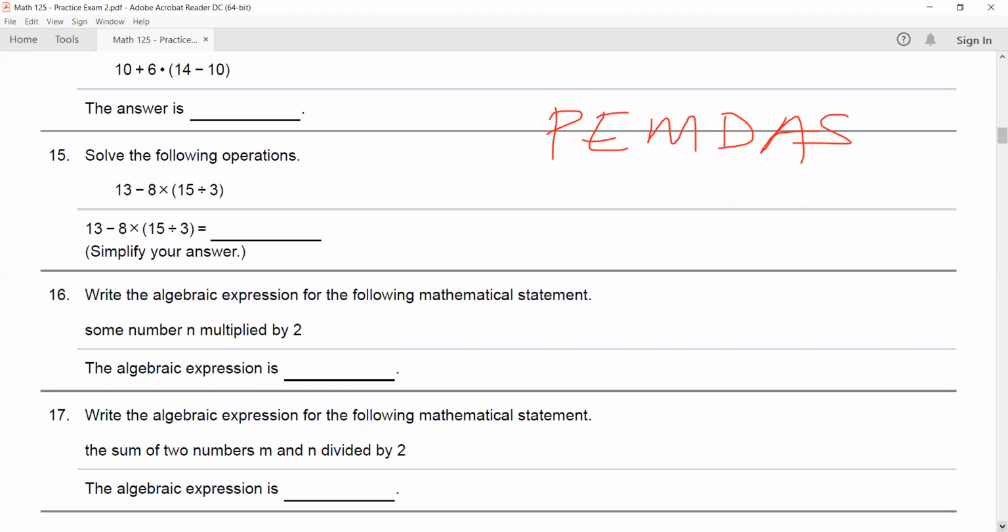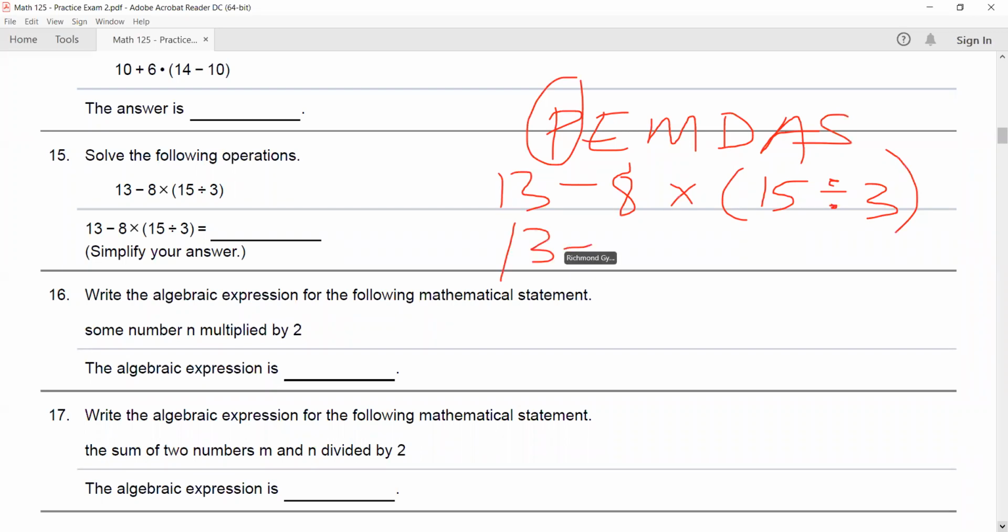Looking at this problem, I'm going to first go into the parentheses, the P. So I rewrite the whole thing, times 15 divided by 3 is 5. At this point, you can take off the parentheses. It doesn't really matter. So we have 13 minus 8 times 5.